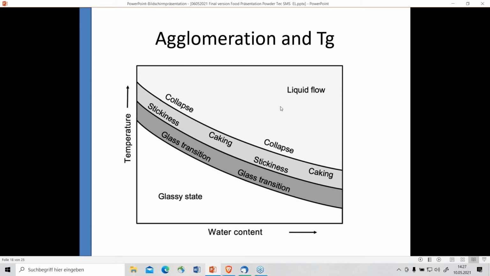And if you are too far away from the caking area, you will get into the glassy state, so the tack will be reduced tremendously. That's also an influence you have to be aware of. That's the reason why we are looking in this field at what happens if you change the water, or what happens with the temperature, in this case the Tg.